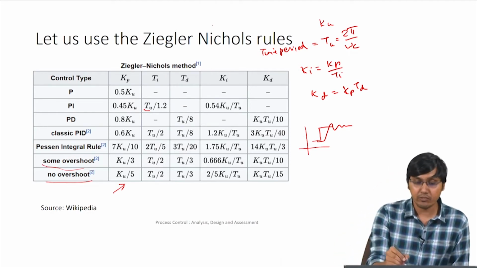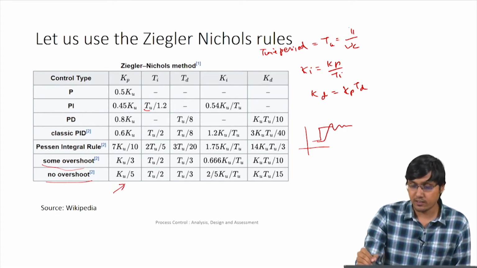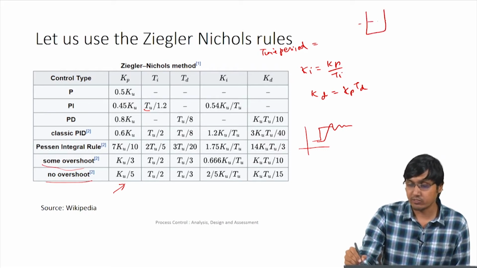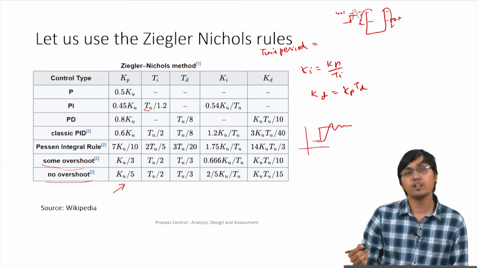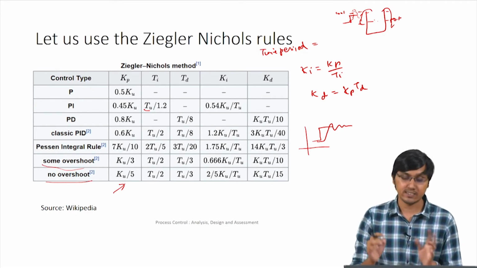So if you have a tank at 50%, you want to give a step change from 50% to say 80%. You want to see whether the level will go outside of the tank or not. If it crosses 100%, what happens? The water will flow out of the tank, which is not desirable. So that is why overshoot is important in such a sense.